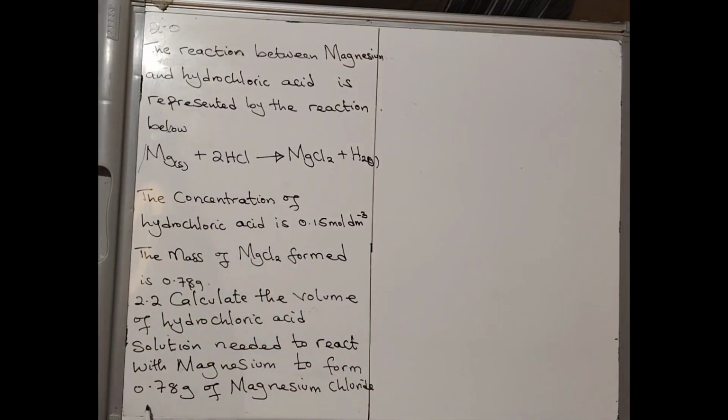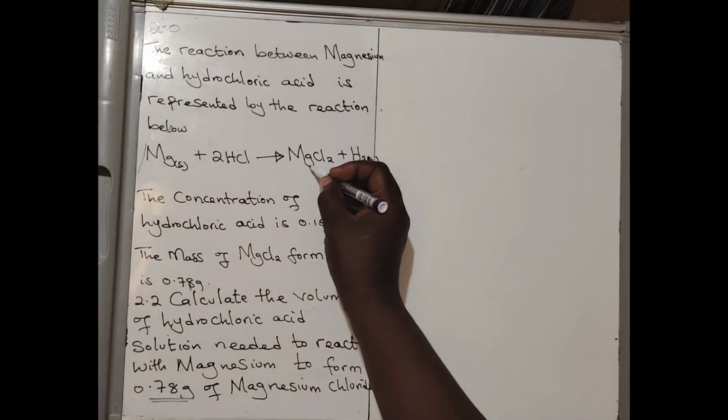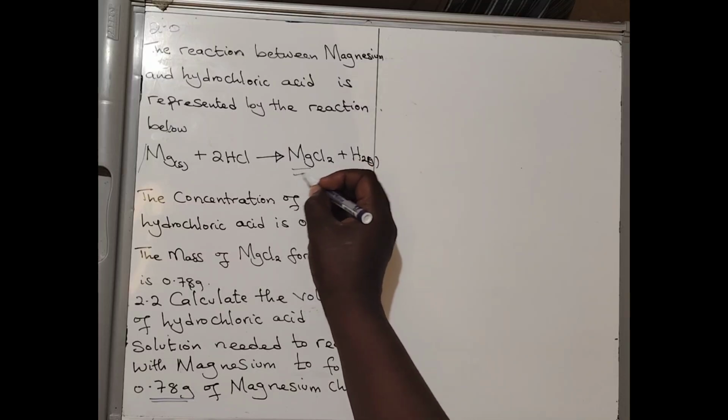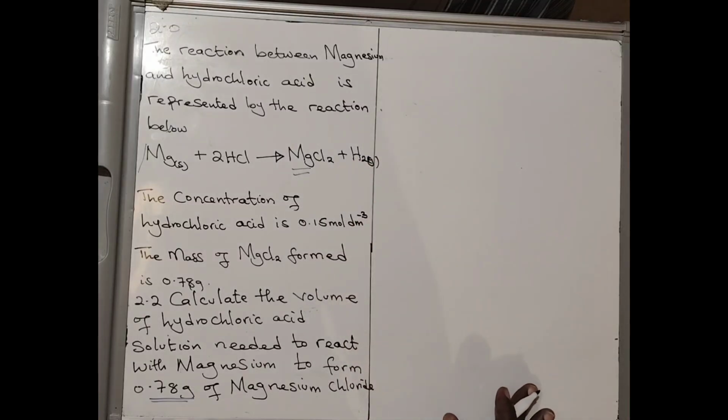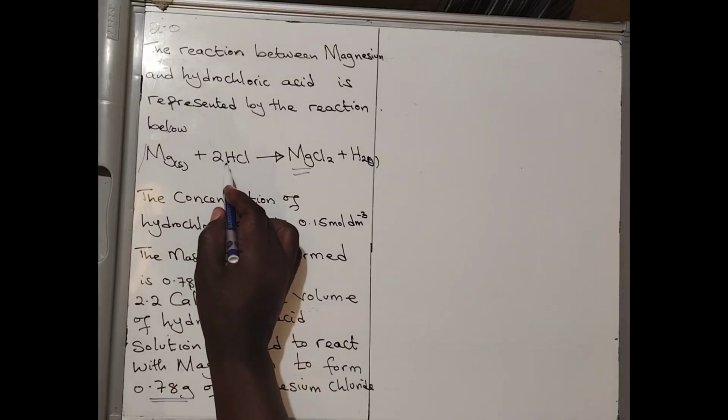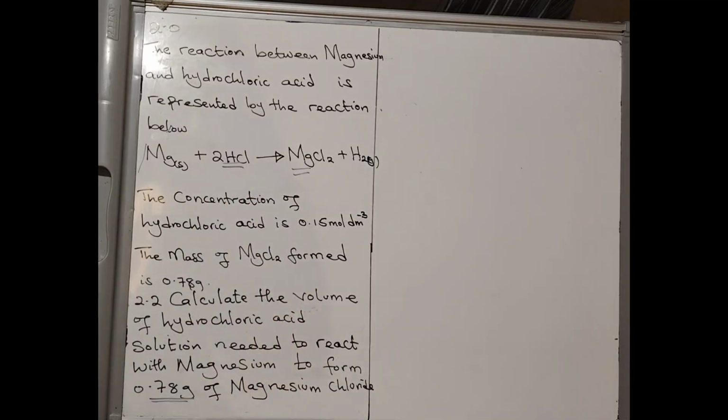First of all, we are given the mass of magnesium chloride which was formed, so you earmark it because you are going to need it. Then they say calculate the volume of hydrochloric acid, so we are going to also need that. So in other words, our tango is between hydrochloric acid and magnesium chloride.